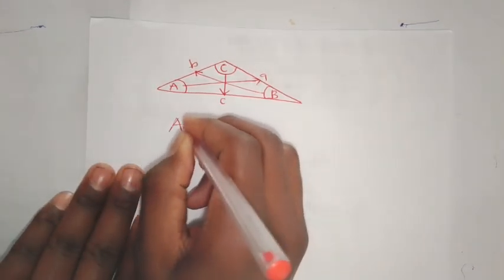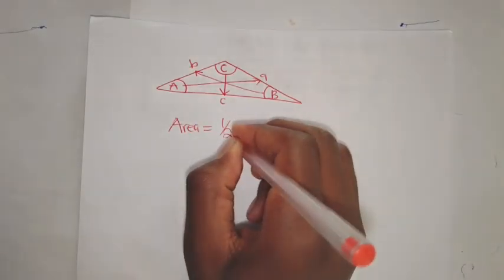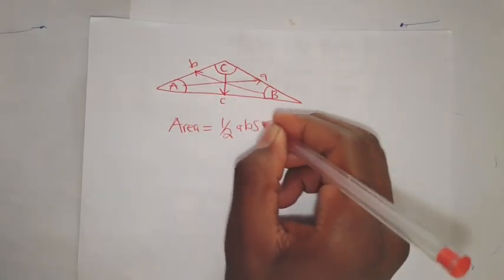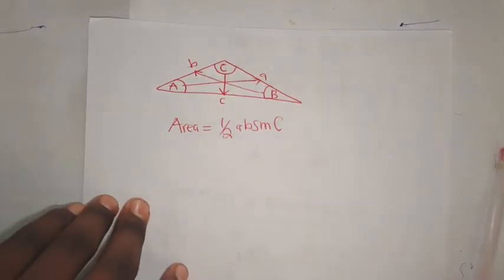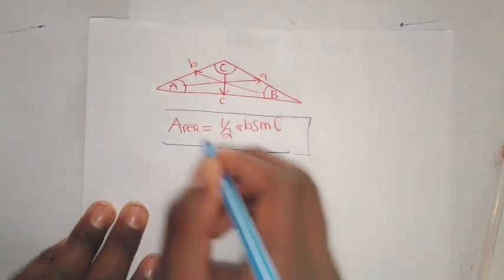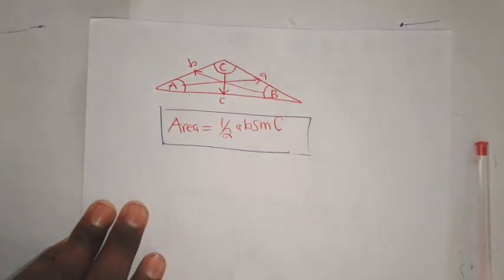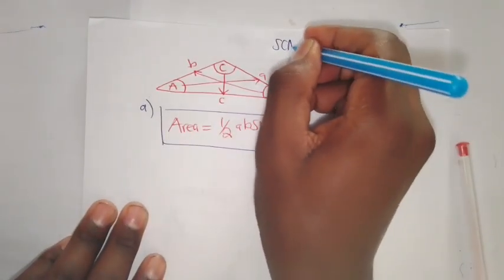Area is equal to half AB sin C. So this is the formula for area under the scalene triangle.